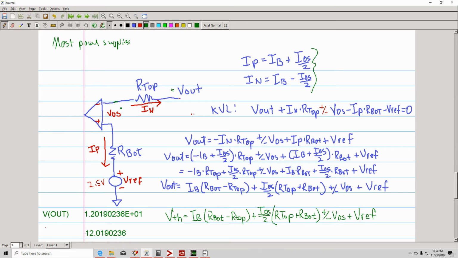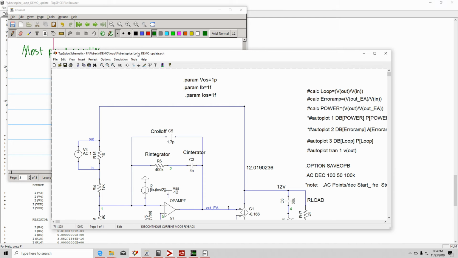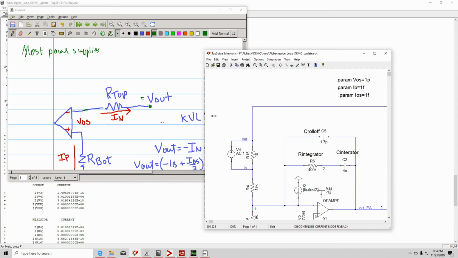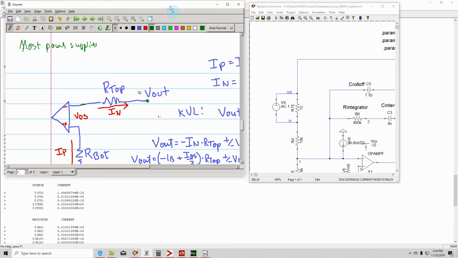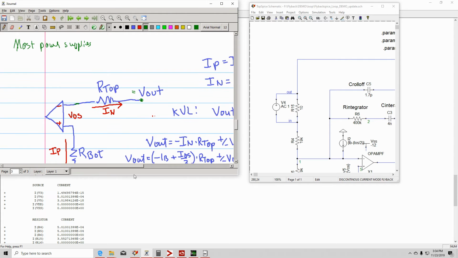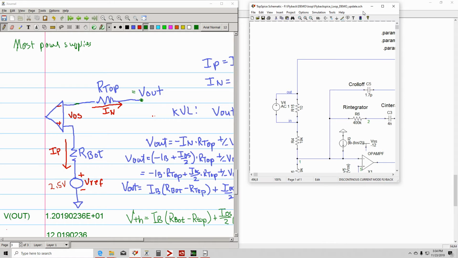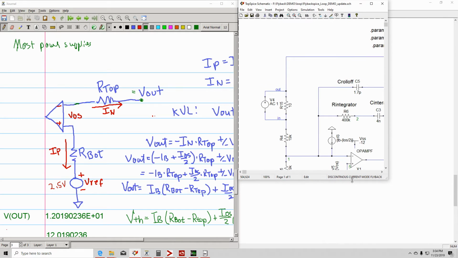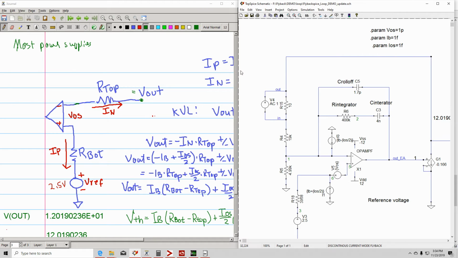So basically you would have an output voltage, and let me see if I can get both here. I don't want to confuse you all, because this is critical in understanding this concept.